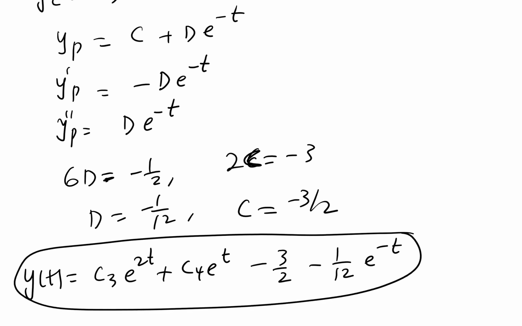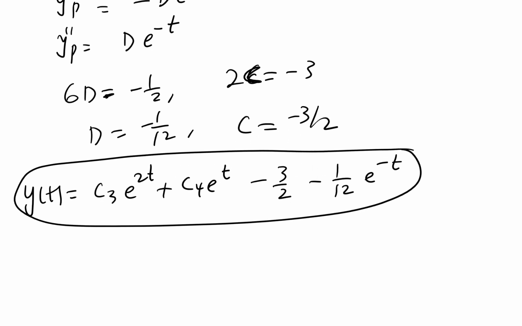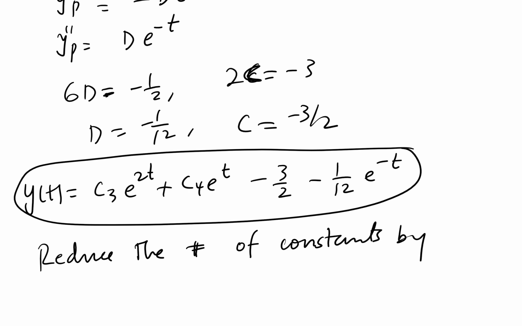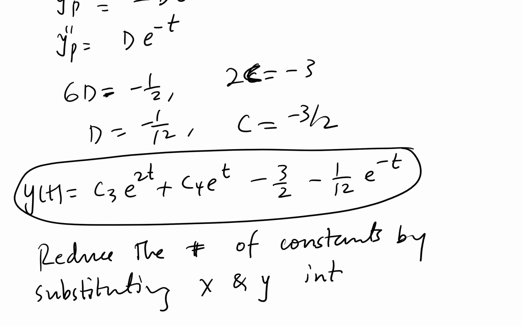But remember, one last step here is that we need to reduce the number of constants in our solutions. So we reduce the number of constants by substituting x and y into one of the given equations.